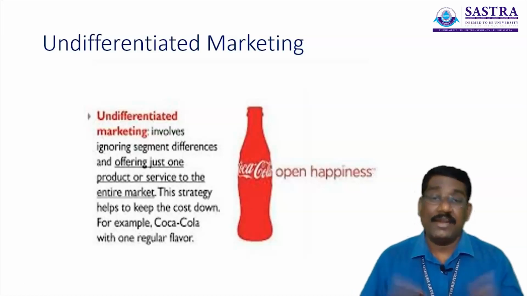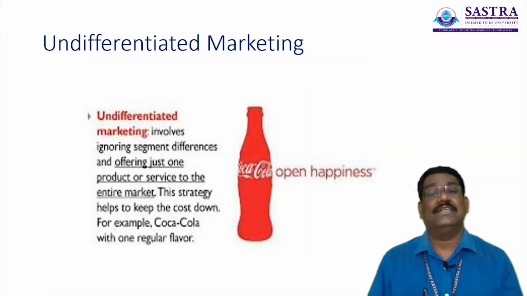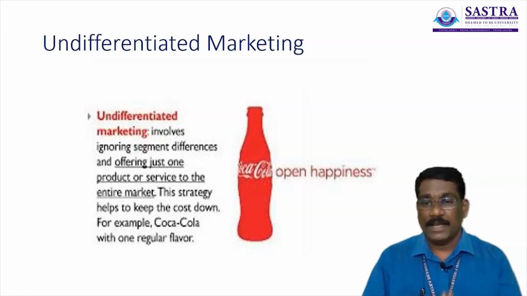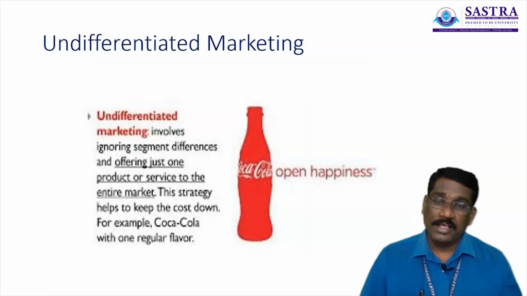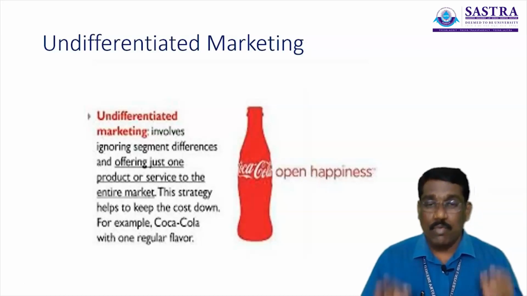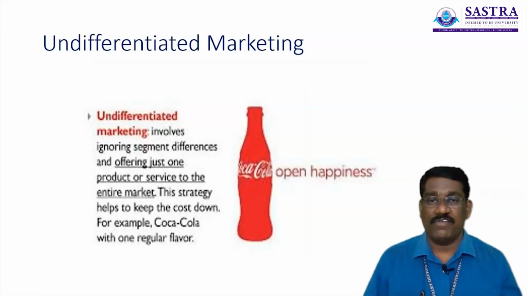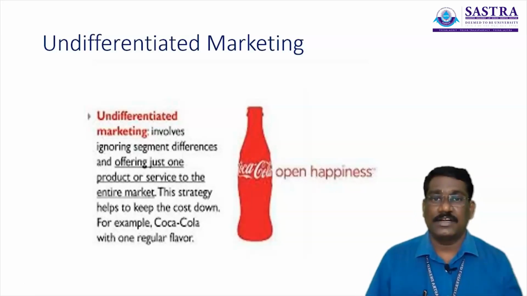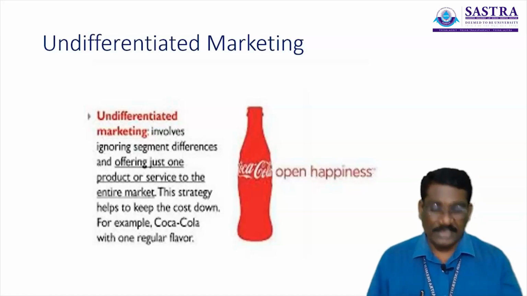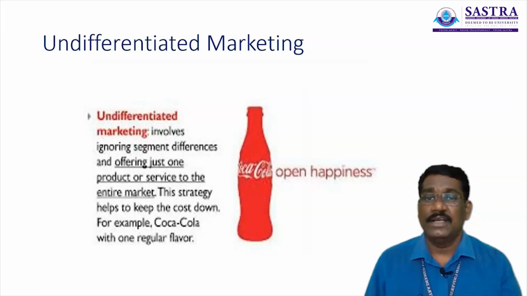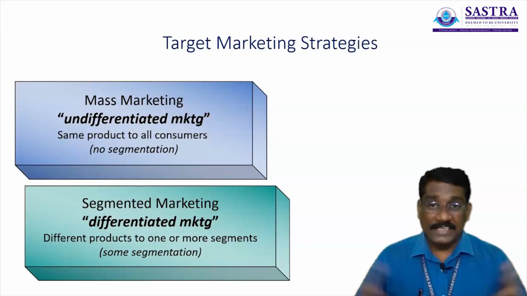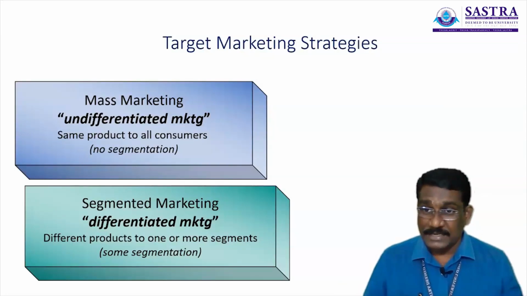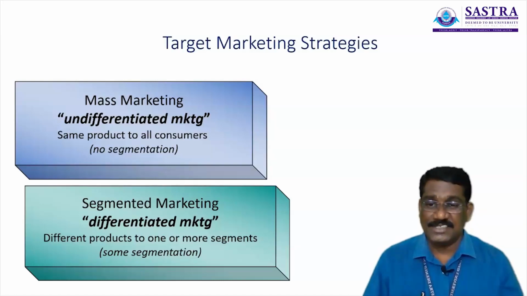Do you understand this? You can also realize economies of scale by serving the mass market. Coca-Cola worldwide offers only one regular standardized flavor across the countries. This is a great example of undifferentiated marketing. As I told you, it is the same product to all consumers, so no segmentation is done here.